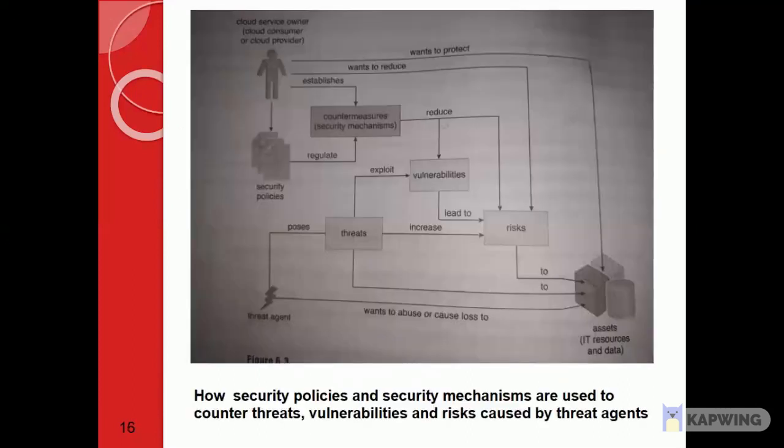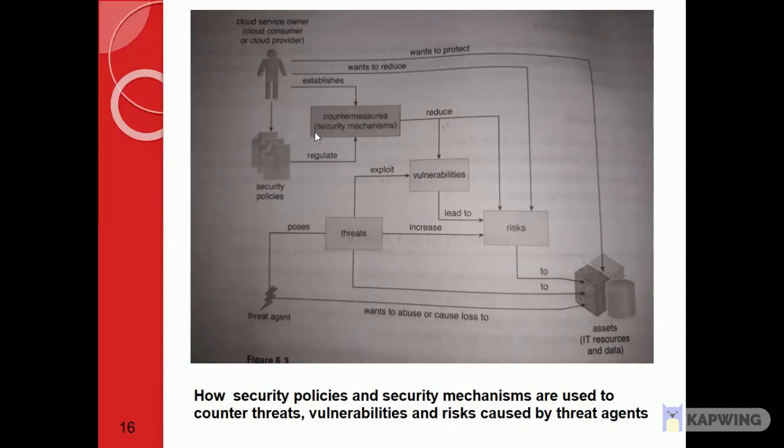Here we can see security policies and security mechanisms are used to counter threats, vulnerabilities, and risks caused by threat agents. Here is an asset, an IT resource and data. The cloud service owner, cloud consumer, or cloud provider wants to protect the asset, that is the IT resource, and wants to reduce the risks.